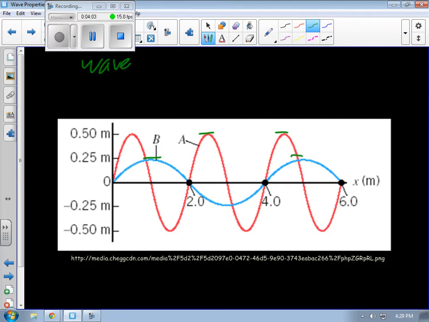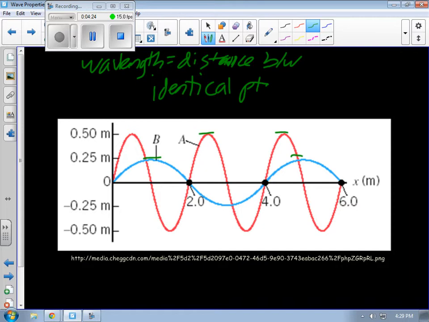So wavelength: distance between identical points on a wave. So we have two crests, so two identical points on a wave. But we don't really know where those crests are as far as distance goes.